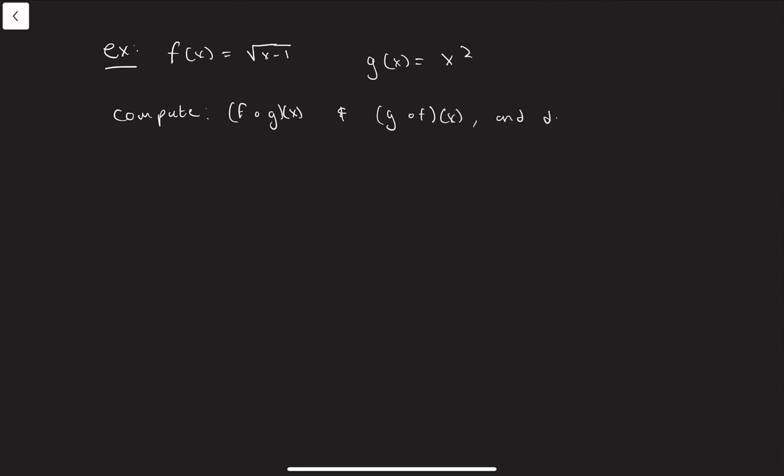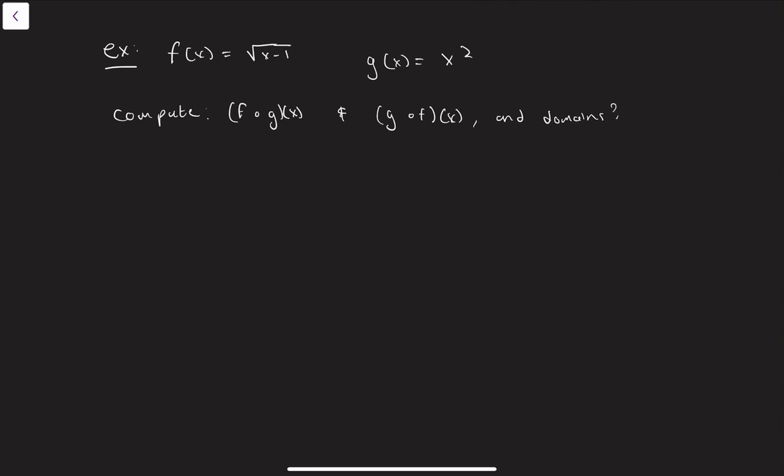We'll do f of x is equal to root x minus 1, and g of x is equal to x squared. So let's compute f of g of x and g of f of x and find their domains.